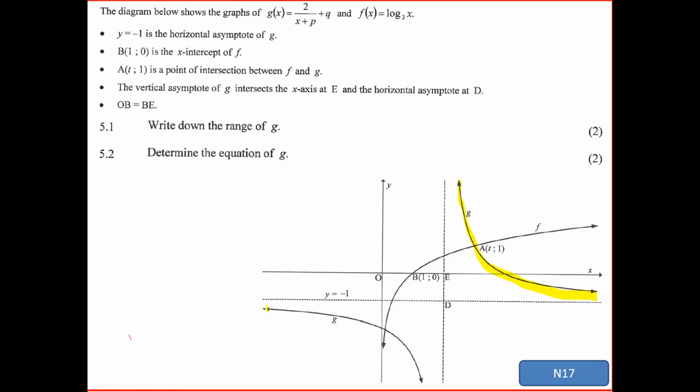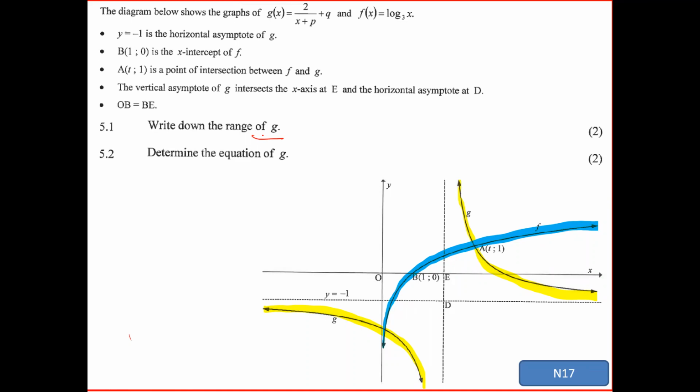You can see the difference between that's the g graph, and the f graph is in black. We don't want to confuse that with the x-axis, so I just want to put that in blue. So we can see our graphs clearly. Very helpful to do that. So the first question is to write down the range of g.